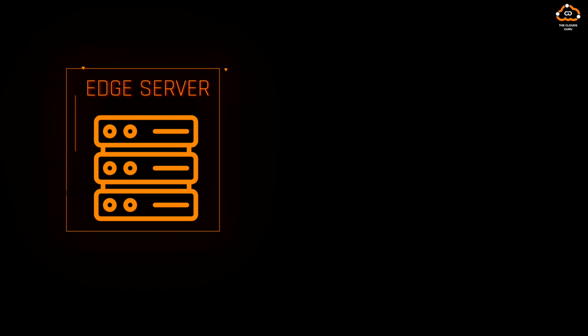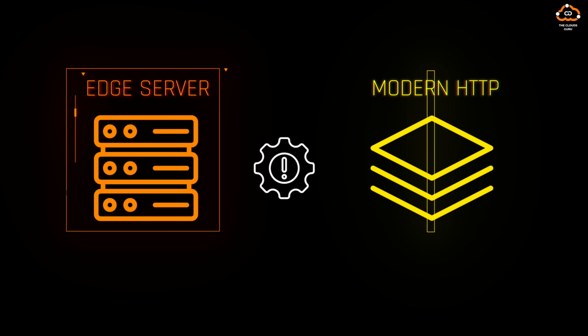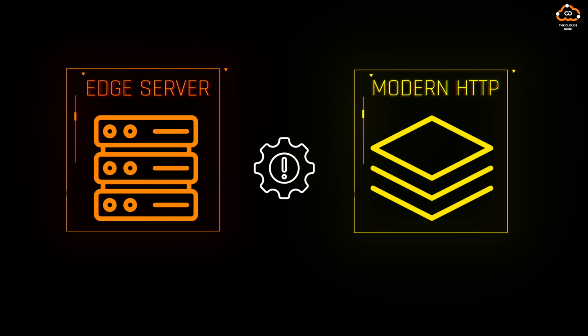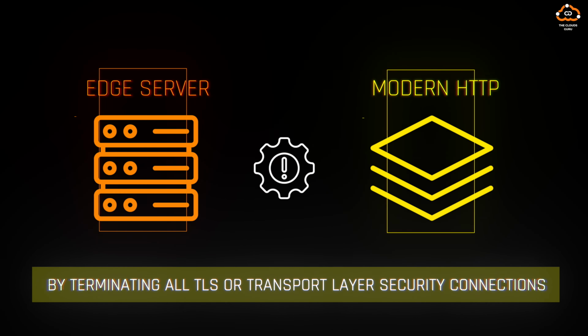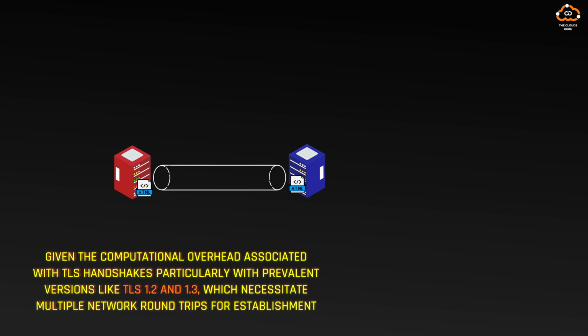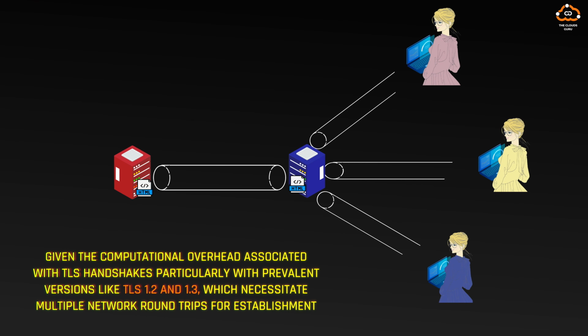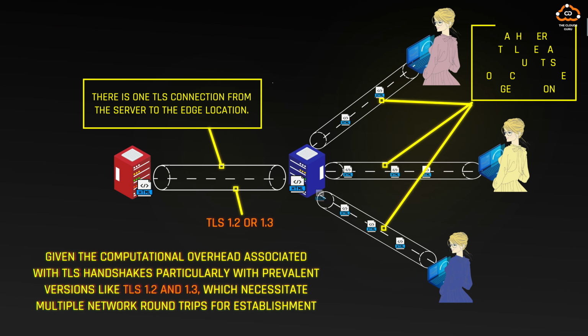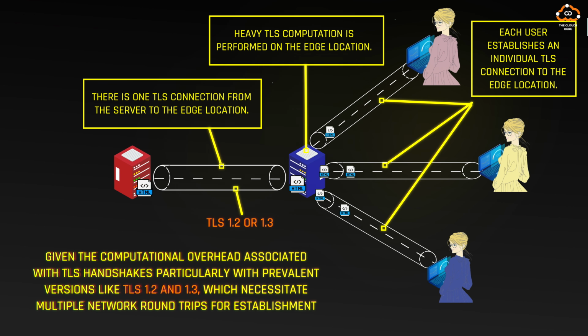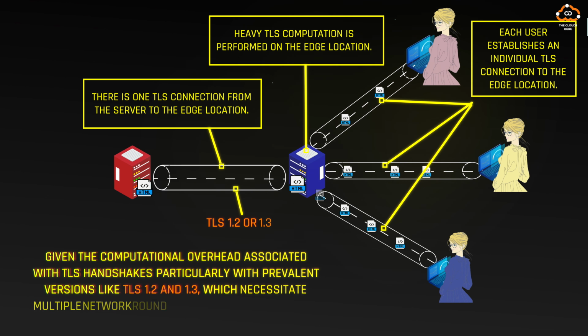The edge server occupies a critical position within the modern secure HTTP architecture by terminating all TLS, or Transport Layer Security, connections. Given the computational overhead associated with TLS handshakes, particularly with prevalent versions like TLS 1.2 and 1.3, which necessitate multiple network round trips for establishment, the practice of terminating TLS connections at the edge server substantially minimizes the latency involved in initiating an encrypted TCP connection.